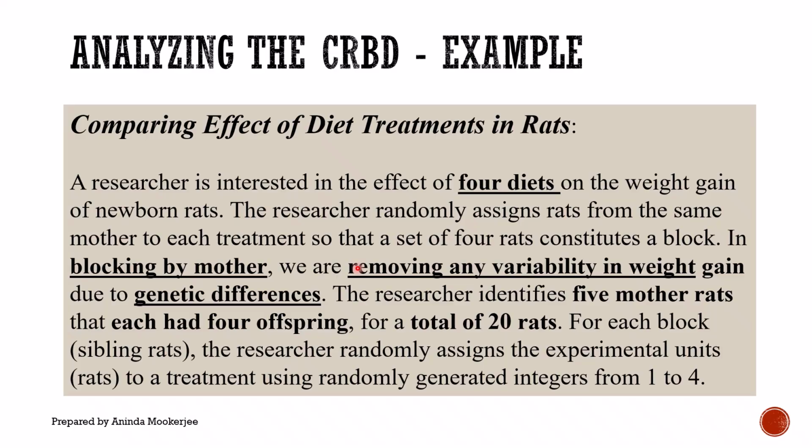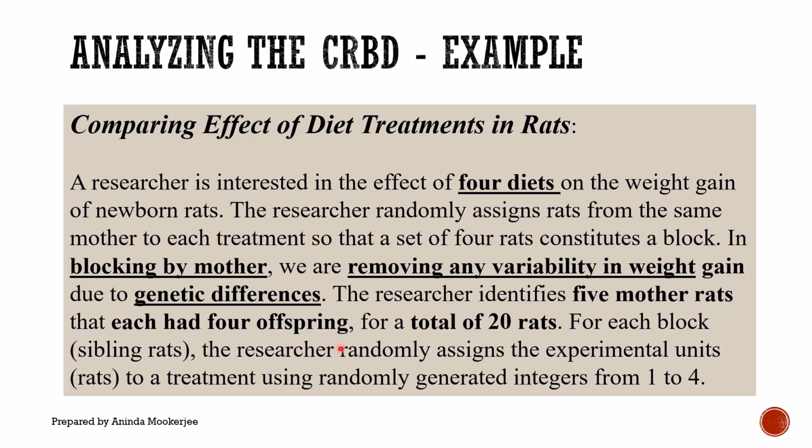So there are 5 mother rats and each of them had 4 offspring, correct? Because they are creating the blocks by the mother of the rats, there would be 5 blocks. Each mother would be assigned to a particular block, and within each block would be 4 offspring, correct?